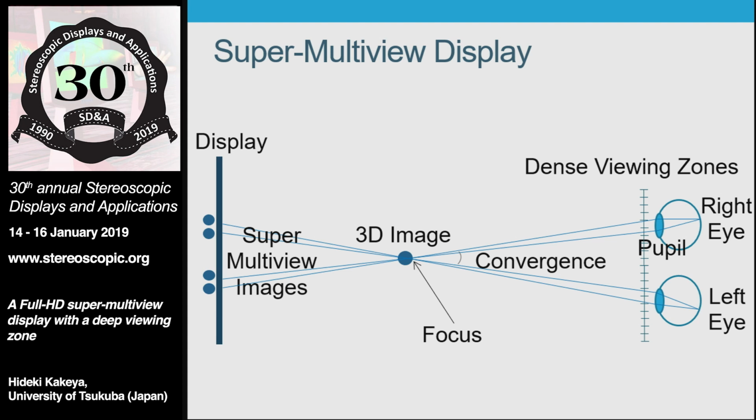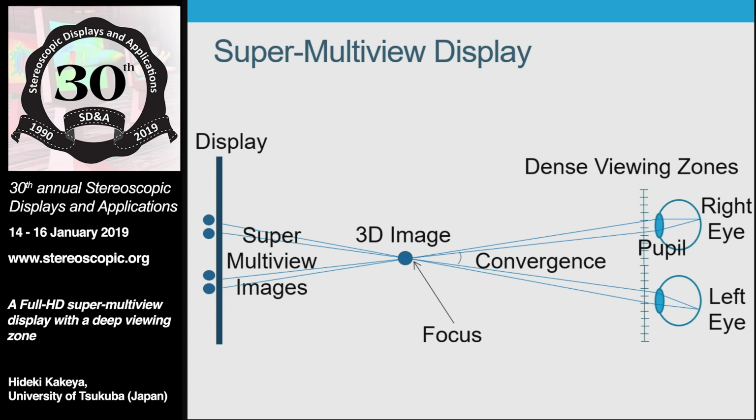And if we do the same thing for the left eye and the right eye, then we can reproduce not only the binocular vergence, but also the focal accommodation, so that we can realize natural 3D imaging.